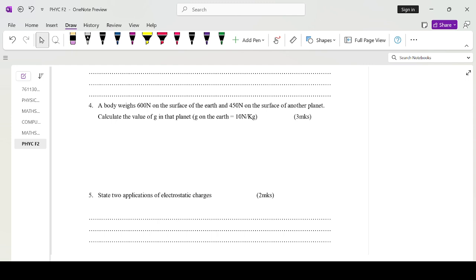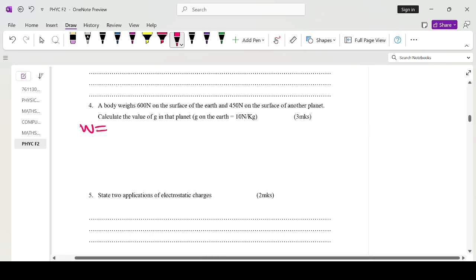This is a question on mass and weight, so it's very important for us to be able to state the relationship between mass and weight, whereby weight is equal to mass times gravity. Remember, mass is constant everywhere.